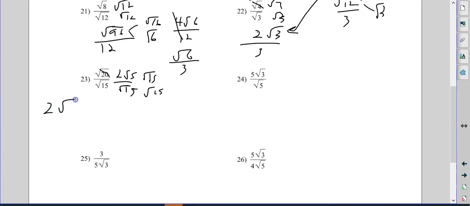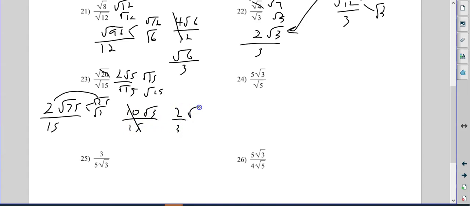So I'm going to have 2 radical 75 over 15. But this breaks down to 25 and 3. All right. Square root of 25 is 5 times that 2, which will give me 10 radical 3 over 15. But 5 goes into both those numbers 2 times and 3 times, and the radical 3 just stays.